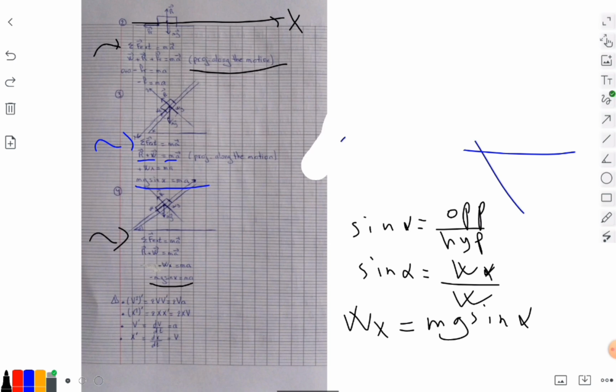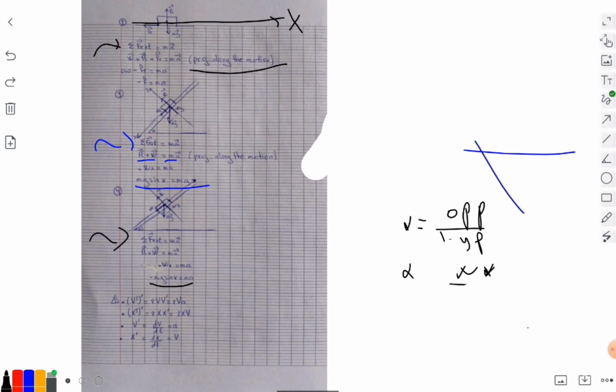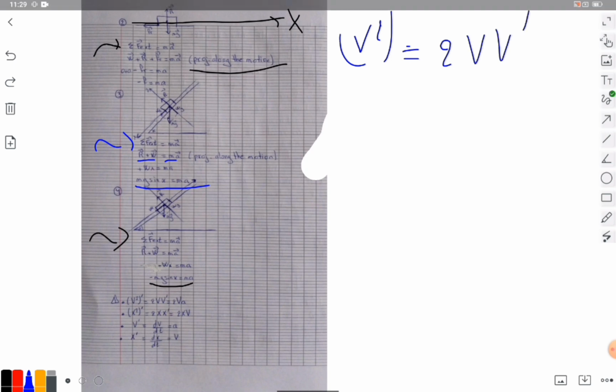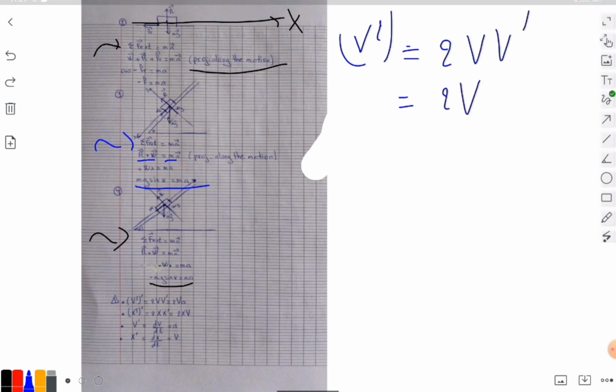Note, it's very important: the derivative of v square equal to 2v v prime, and the derivative of v is equal to a, so v prime equal a, then the derivative of v square equal to 2va.